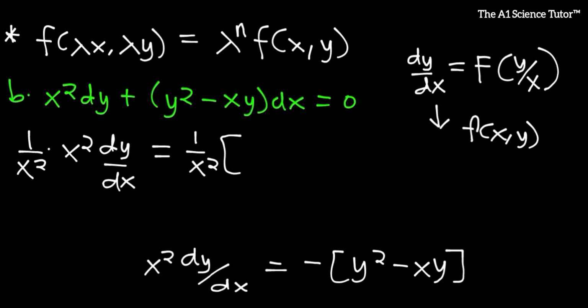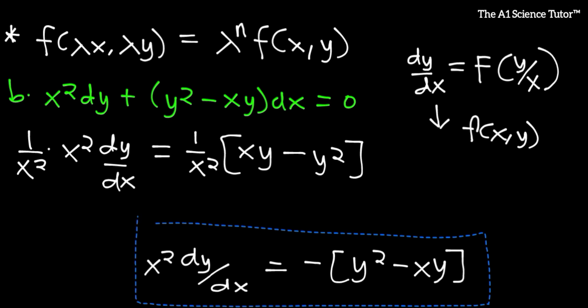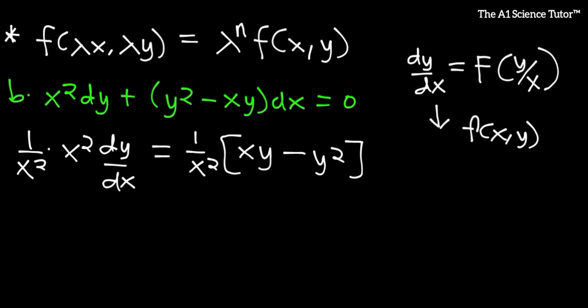Now instead of doing that, I know that minus 1 multiplied by y squared gives us minus y squared. Minus 1 multiplied by negative xy should give us a positive. So a positive xy comes before a negative y squared, right? Yeah, so that is what we have there.